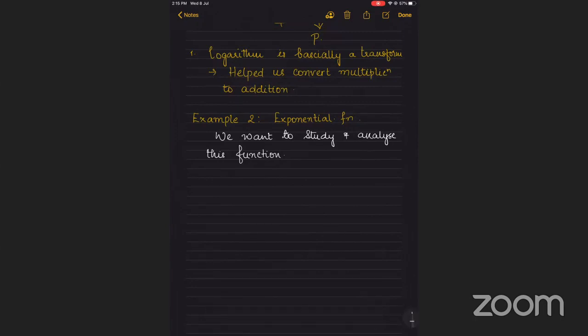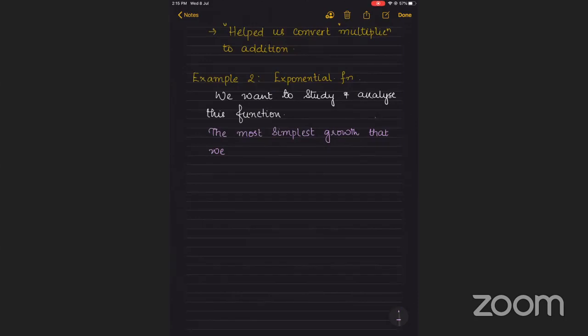The simplest function growth that we can easily handle is linear.